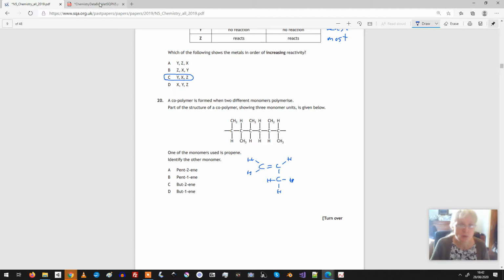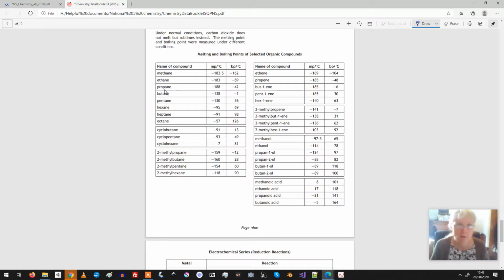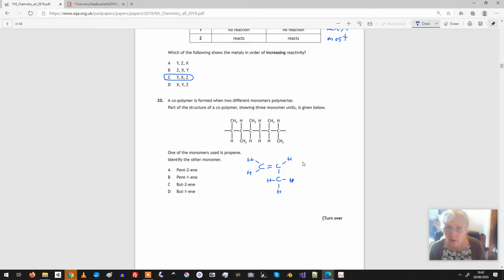And the other monomer is going to be, is it going to be a bute or a pent? A bute will have 4 carbons and a pent will have 5. So if we imagine one with 4 carbons, maybe something like that. Will that join up in such a way that it could look like this?